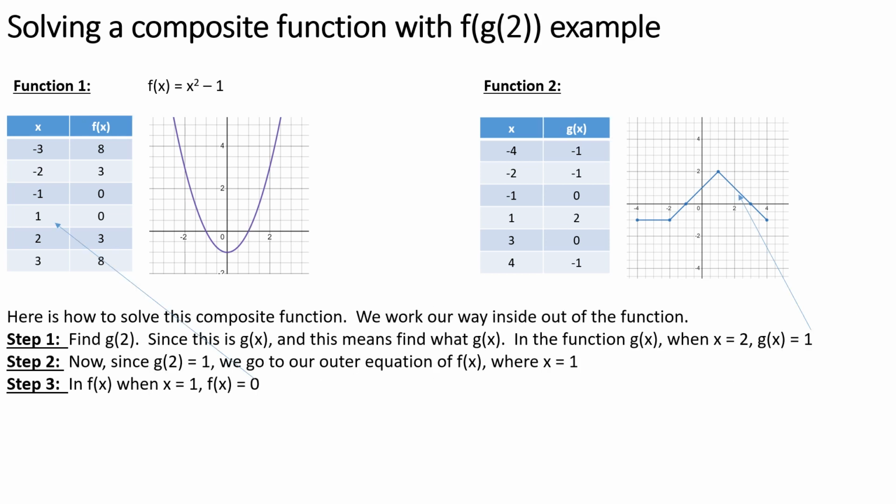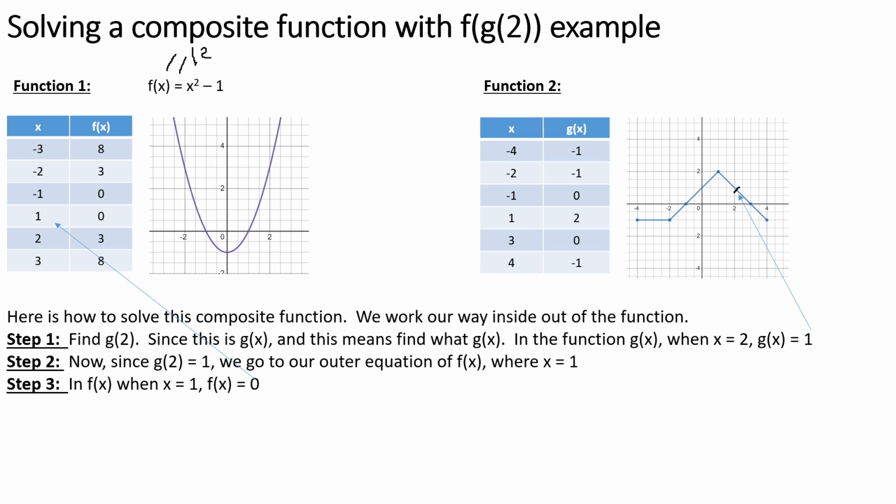And that's what I did here. You could see g of 2 equals the 1 right here. And when I put in x for 2, I get 1. That 1 goes right here. That replaces the x. So instead of x squared, it's 1 squared.